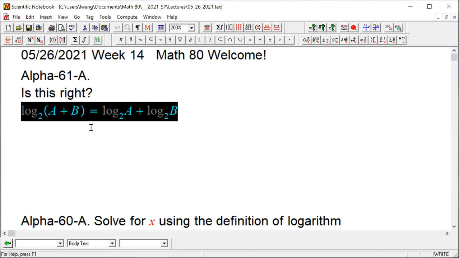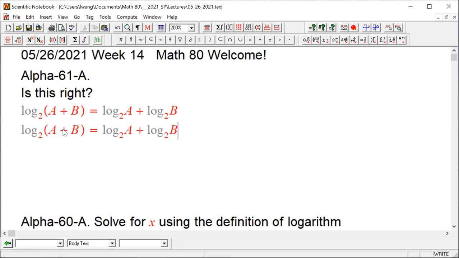For the same issue, if it's subtraction, would that be right?